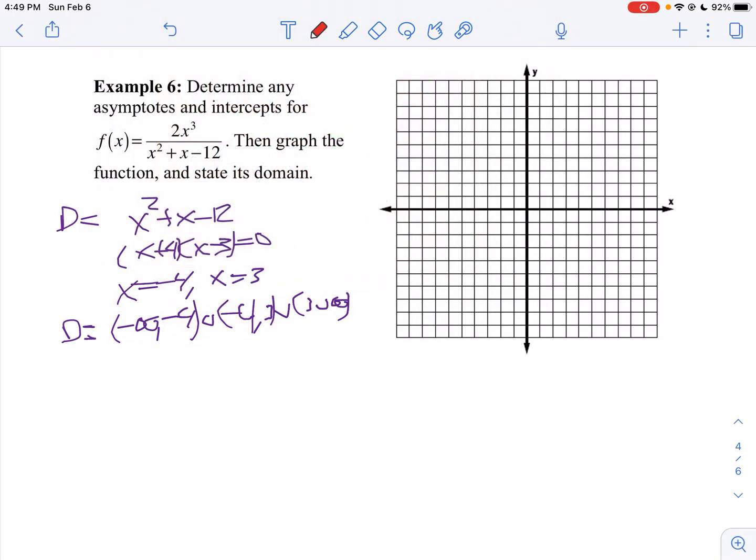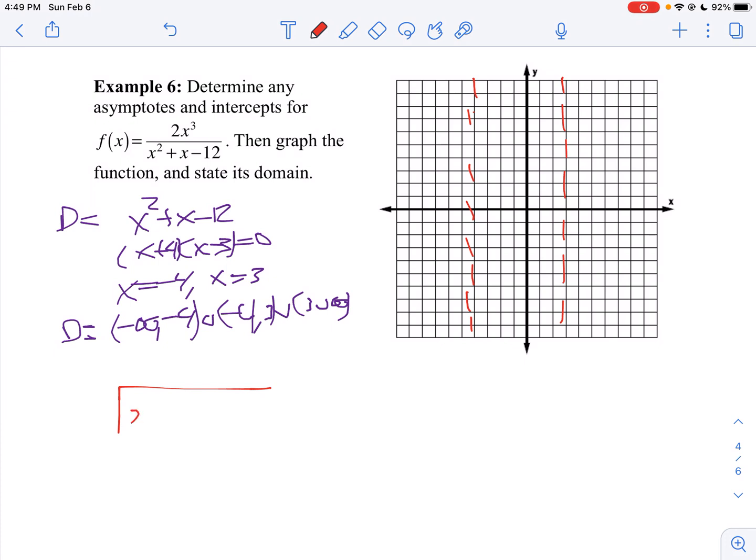So I'm going to go to the left 4. 1, 2, 3, 4. I'm going to make a vertical line going through 4, and make a horizontal line going through 3. And notice since my degree is greater, I have to use long division to find out my slant asymptote.